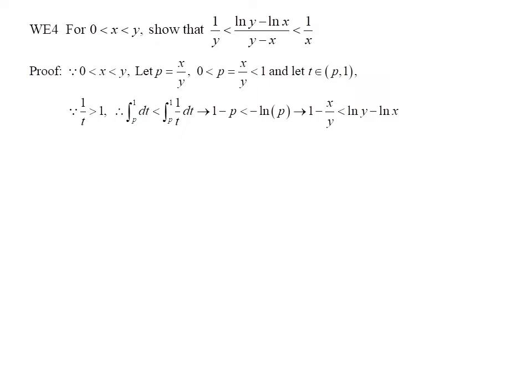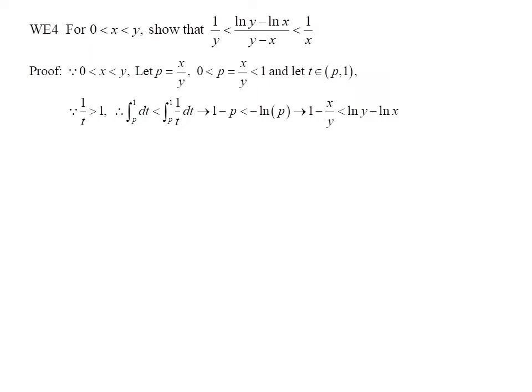Hence, the integral from p to 1 of dt is less than the integral from p to 1 of 1 over t dt. After executing the anti-differentiation on both sides of the inequality, we have the inequality 1 minus p is less than negative ln of p.